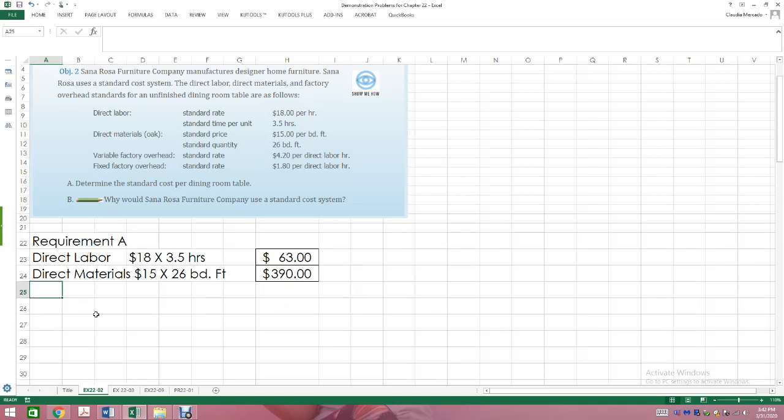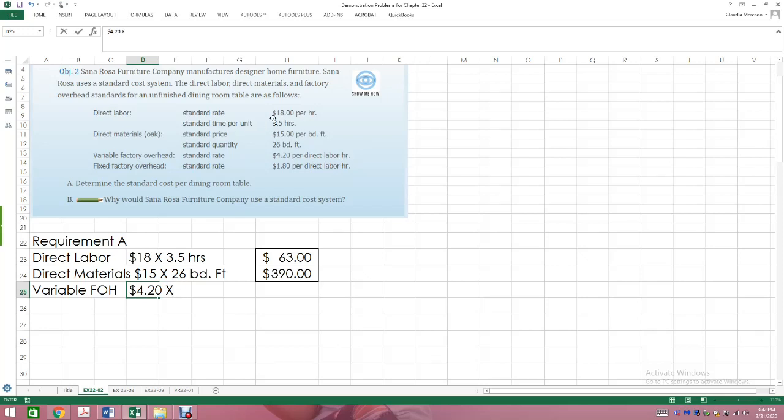Then I need to figure out my variable factory overhead. For my variable factory overhead, it says here that it's going to be $4.20 per direct labor hour. How many direct labor hours did we have?